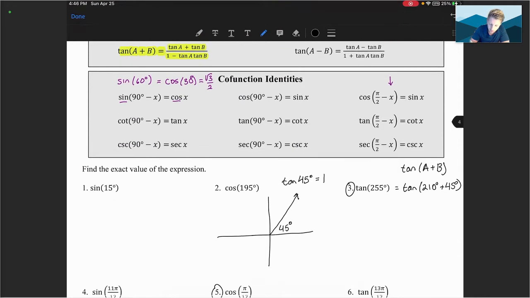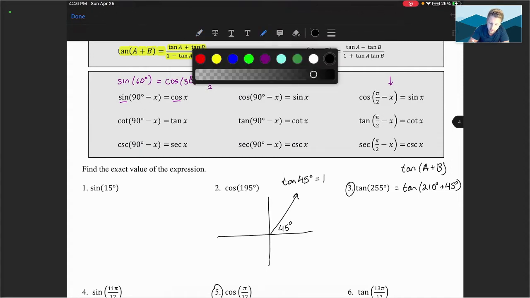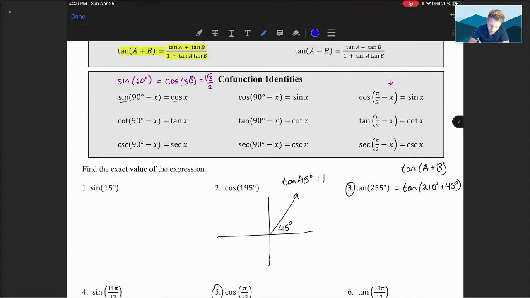And the second angle we want to consider is the 210 degree angle. The 210 degree angle will be sitting in our third quadrant, and this 210 degree angle will have a reference angle here of 30 degrees. And so when we consider the tangent of 210, we'll notice that tangent is also going to be positive in the third quadrant.